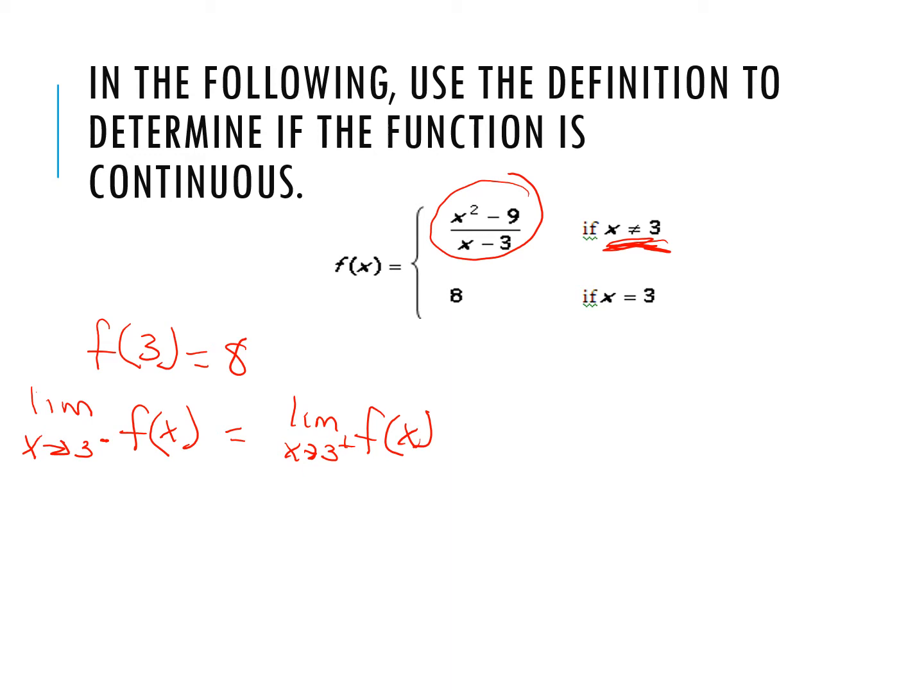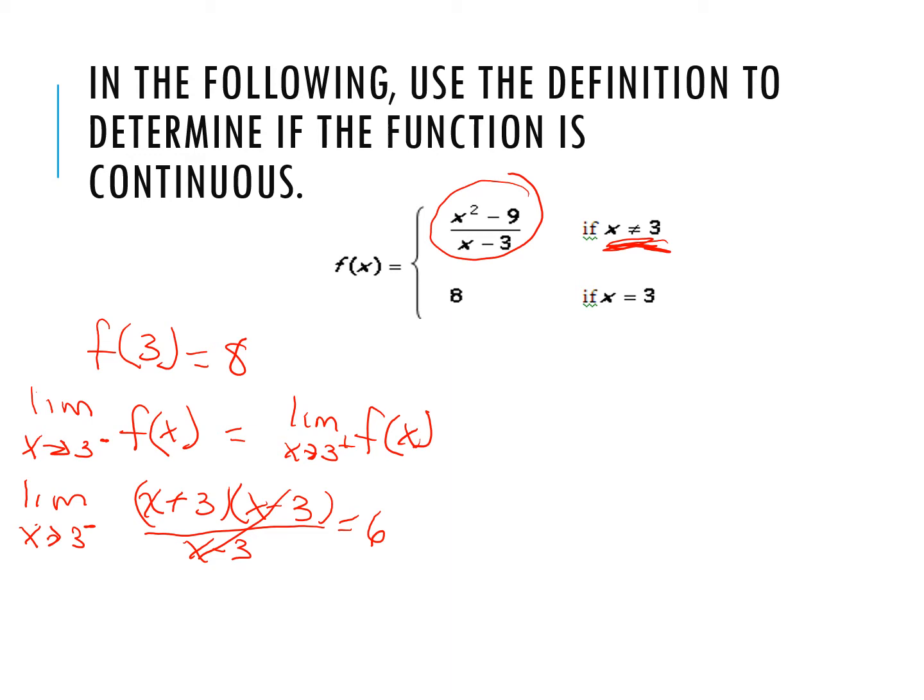So we're going to find the limit as x approaches 3 from the left of x plus 3 over x minus 3. I'm just factoring the numerator over x minus 3. Those two cancel. So the limit as x approaches 3 from the left, if I do a direct substitution, I get 6.